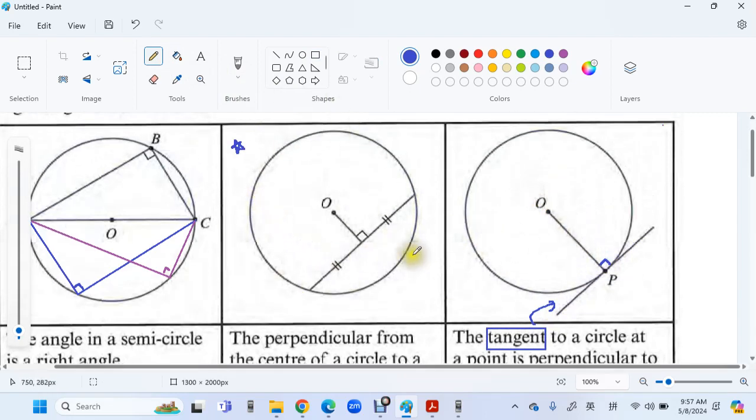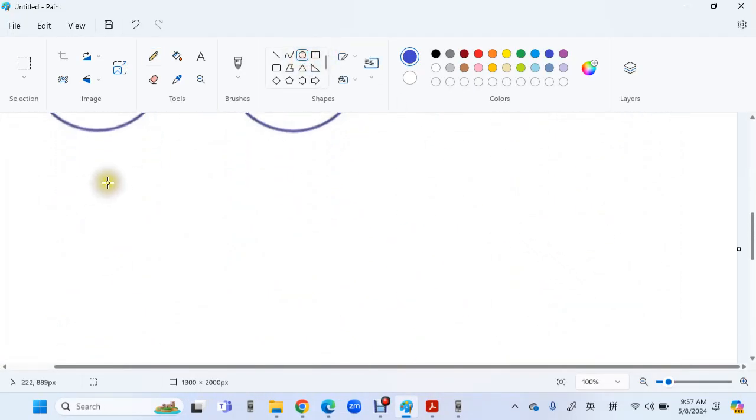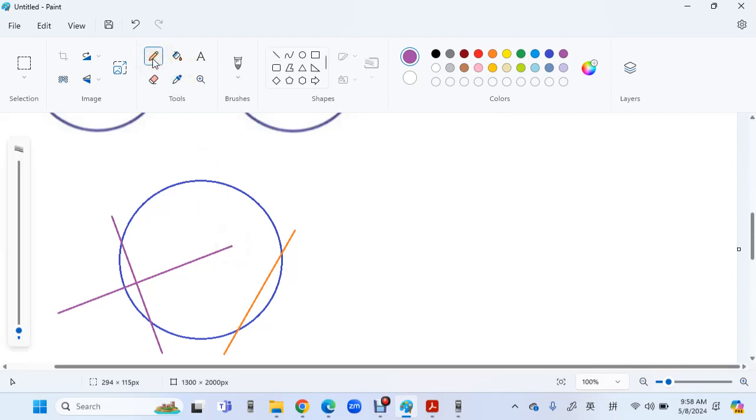Actually, if we want to find the center of a circle, I have a circle here, but I don't know where is the center. Then how to find the center is we just draw two straight lines here. After we draw two straight lines, then we draw the perpendicular bisector. I don't have a compass here.